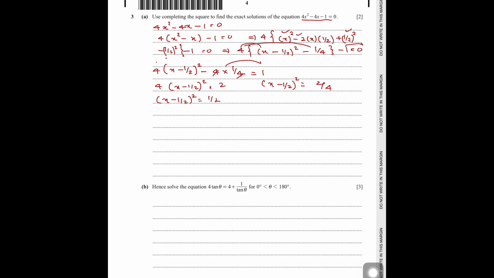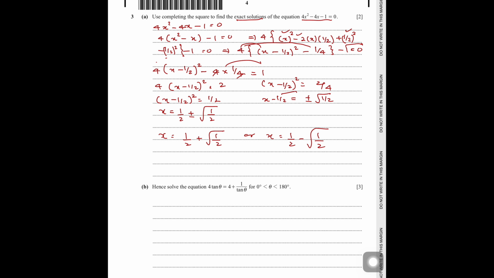Now I need to find the value of x. So I'm sending the square to the other side. So x minus half equals plus or minus 1 over root 2, or the square root of 1 over 2, the same thing. Then send half to the other side. So x is half plus or minus the square root of 1 over 2. So x is half plus the square root of 1 over 2, or x is half minus the square root of 1 over 2, because it says exact solutions.